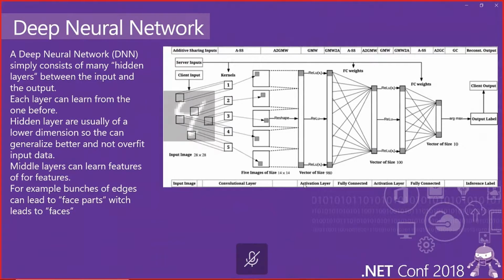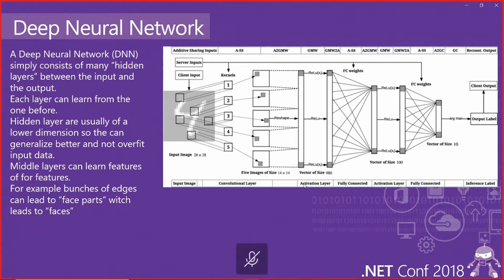Hidden layers usually have a lower dimension so that they can generalize and not overfit the input data. Middle layers can learn features.